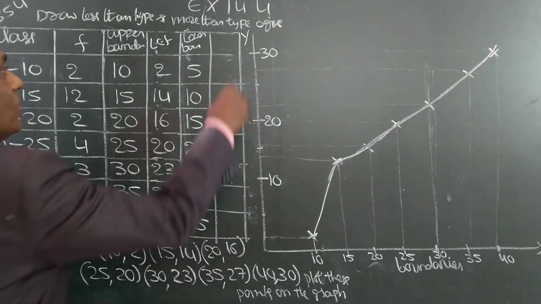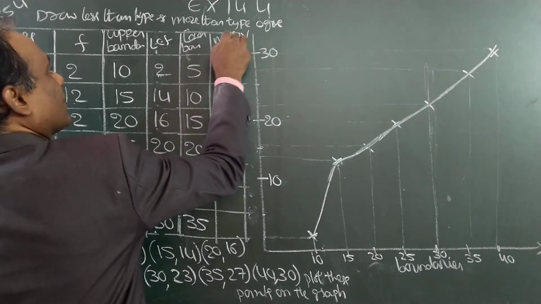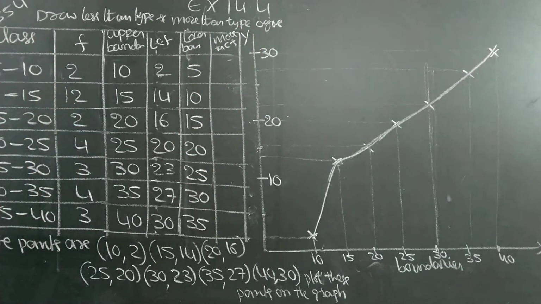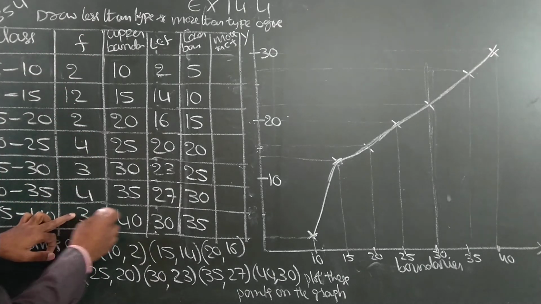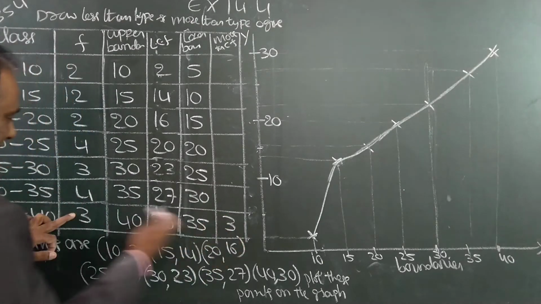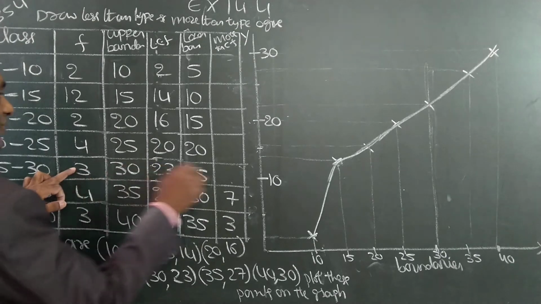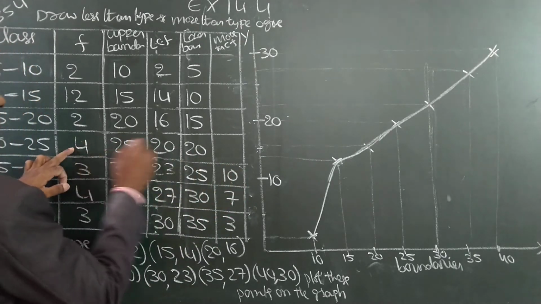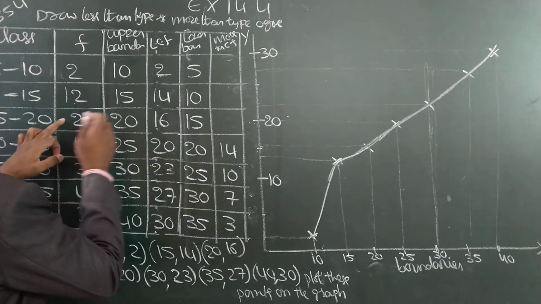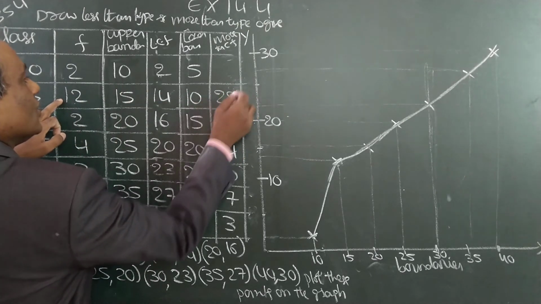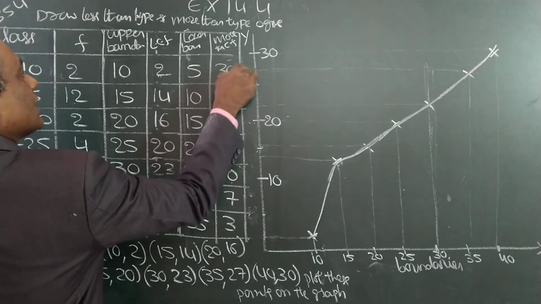And more than cumulative frequency, adding the frequencies from bottom. 3. 3 plus 4, 7. 7 plus 3, 10. 10 plus 4, 14. 14 plus 2, 16. 16 plus 12, 28. 28 plus 2, 30.